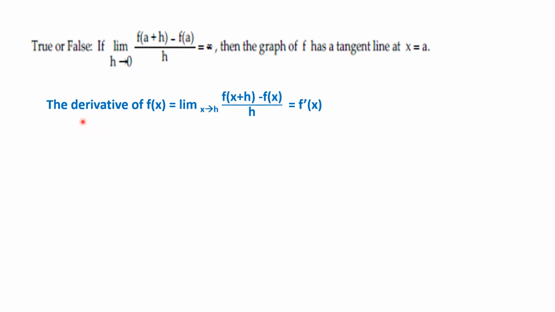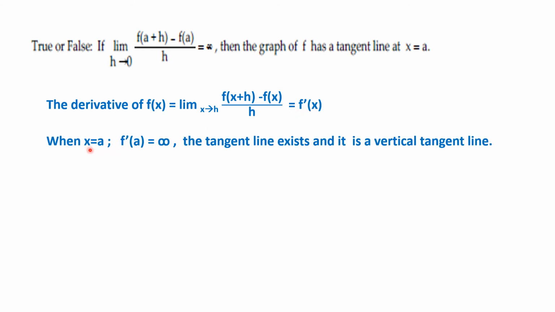The derivative of f of x is given by the limit as h approaches 0 of f of x plus h minus f of x, divided by h, which symbolically is equal to f prime of x. Now when x equals a, then f prime of a will be equal to infinity, and the tangent line exists, and it is a vertical tangent line.